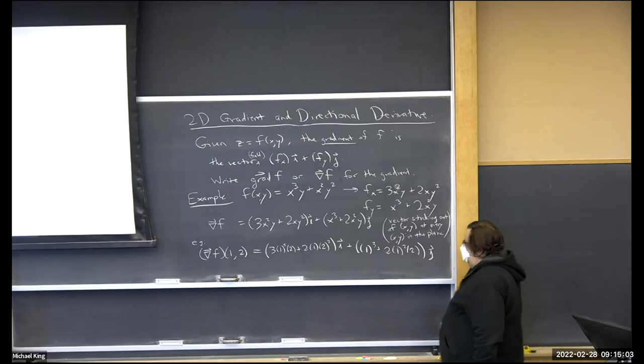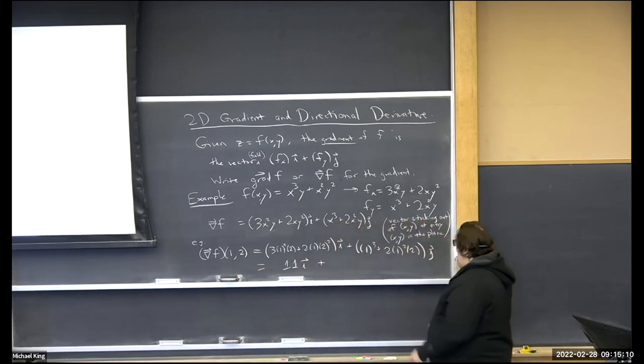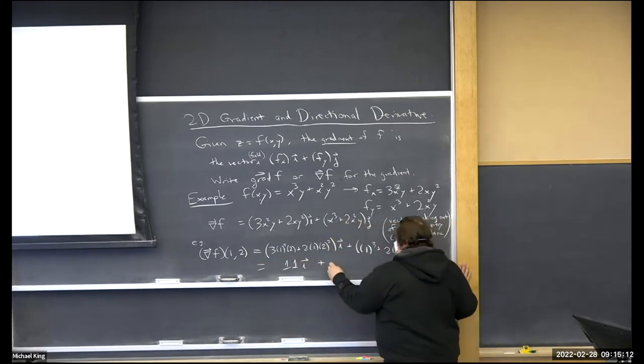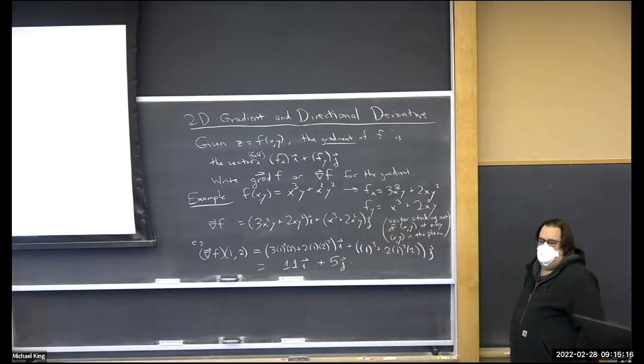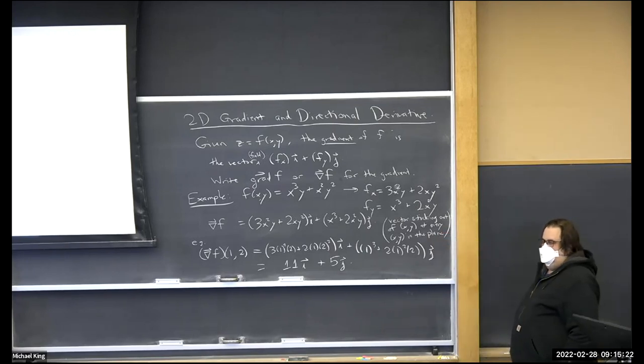So what does that work out to be? Check my math, but I'm thinking 11i and 5j. Really, all I did was compute the two partials at that point and put them into a vector, right?